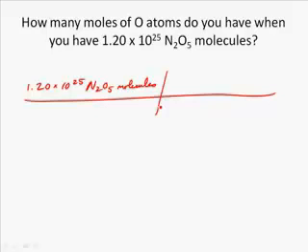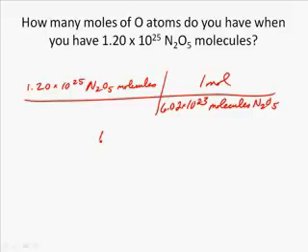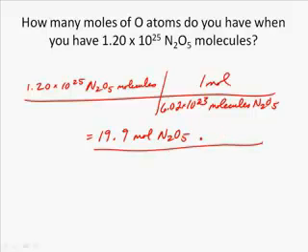So let's go from molecules of N2O5 to moles. 1.2 times 10 to the 25th divided by 6.02 times 10 to the 23rd gives me 19.9 moles of N2O5.